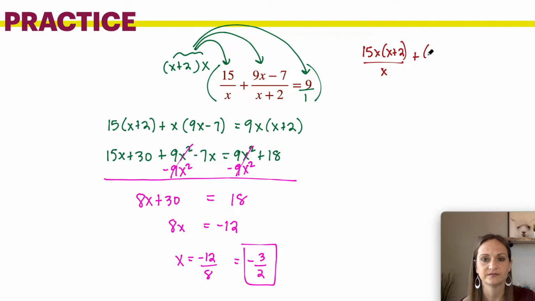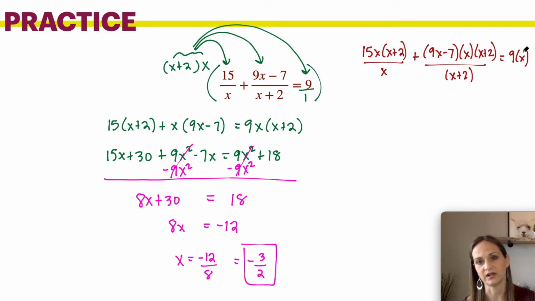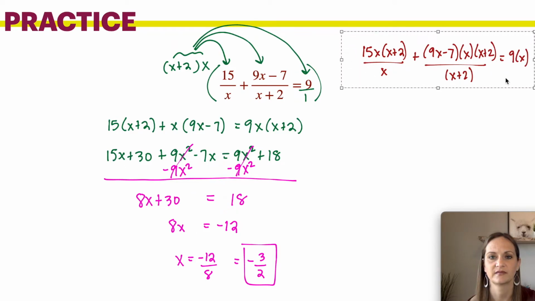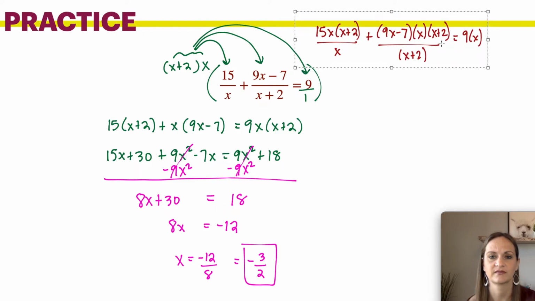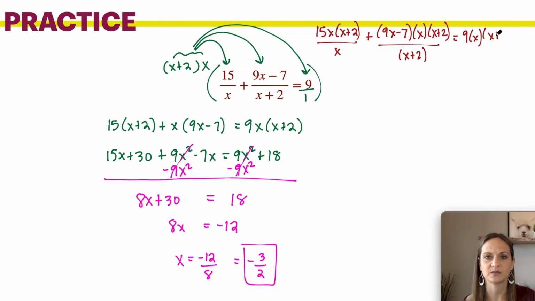Same thing here: 9x minus 7 times x plus 2 all over x plus 2 equals, distribute, I'm going to get 9 times x times, I'm running out of room, times x times the x plus 2.